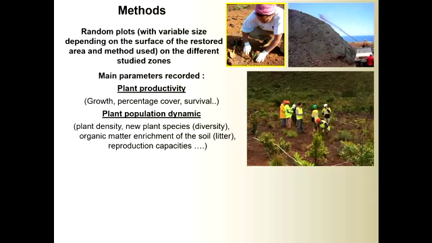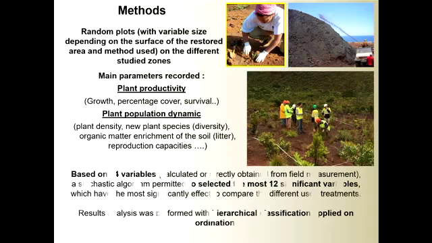Here you have some examples of variables, and in fact it was based on 34 variables that were calculated or directly obtained from field measurement, and from these variables a stochastic algorithm permitted to select 12 variables which have the most significant effect to compare the different treatments used. And the result analysis was performed with hierarchical classification applied on ordination.